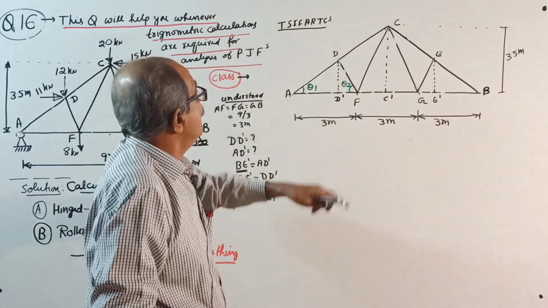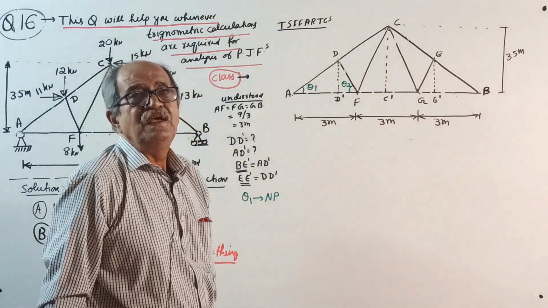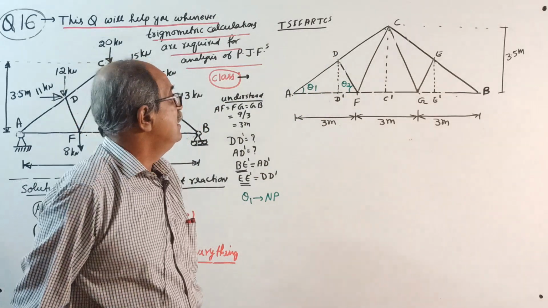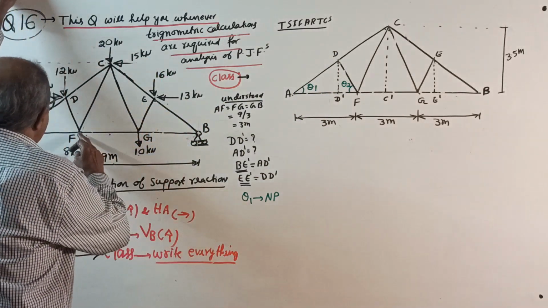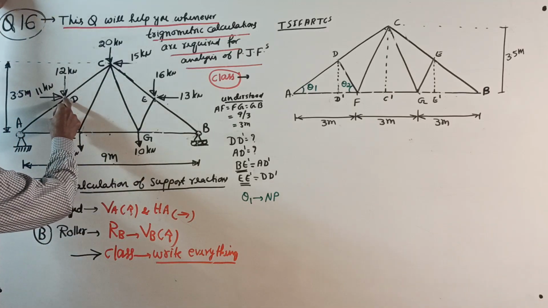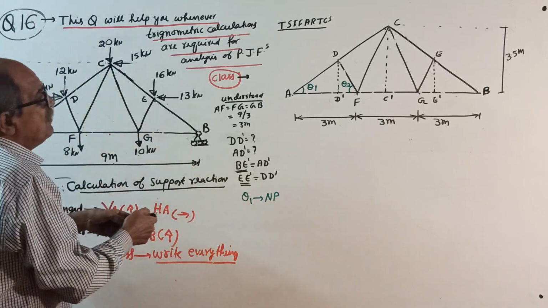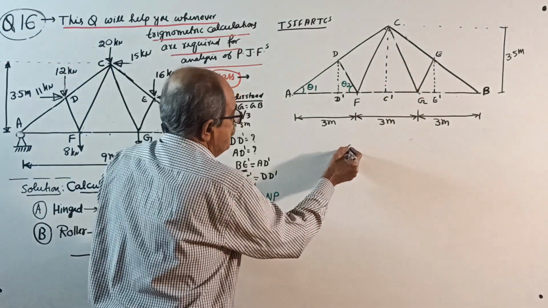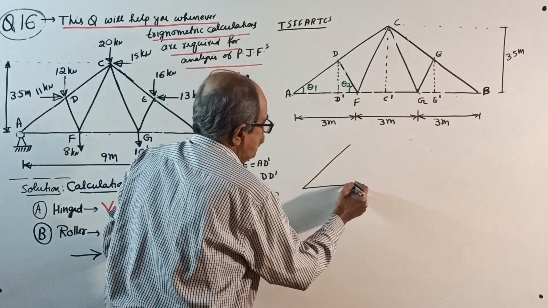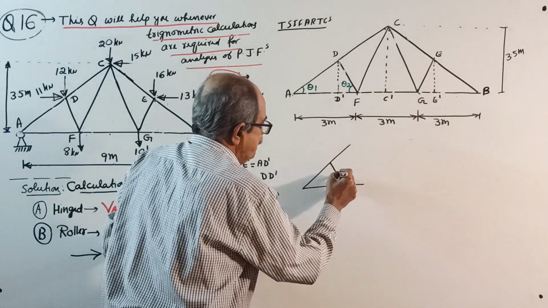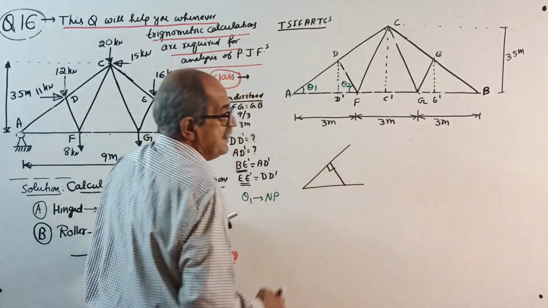Now, one thing, where is the point D? In the question, it is not given. Now, this point, you have to join here. Is it perpendicular? No. Sometimes in some questions a member will go this way, and they will tell it is perpendicular.